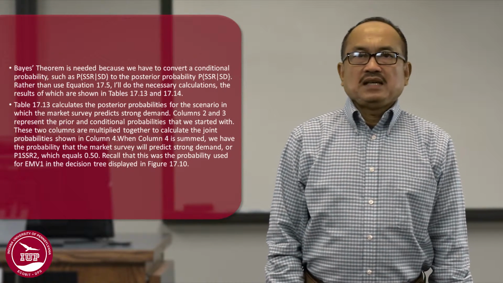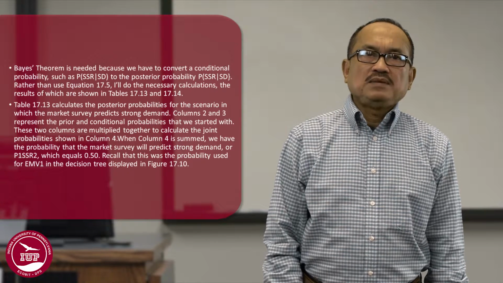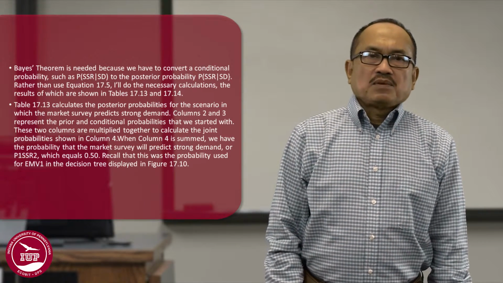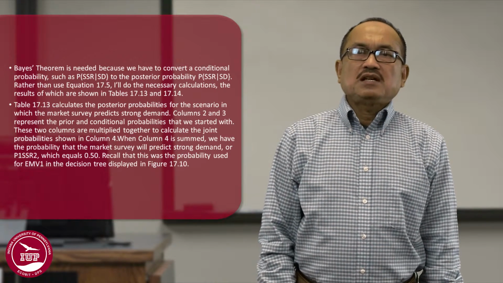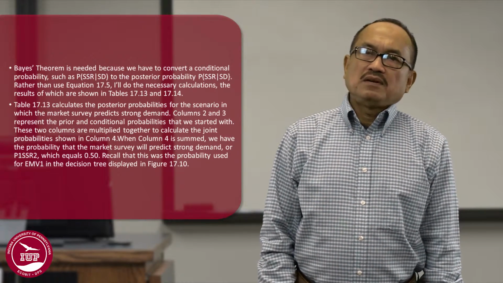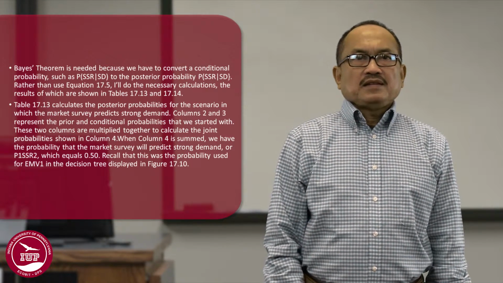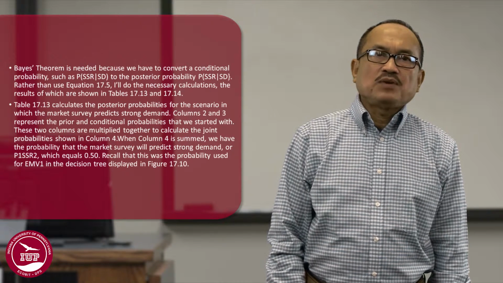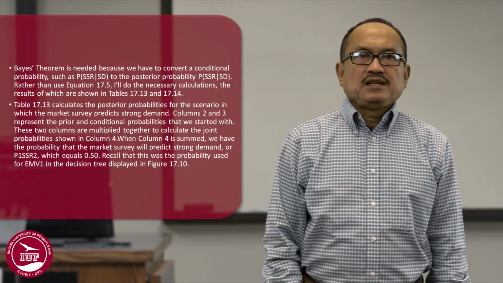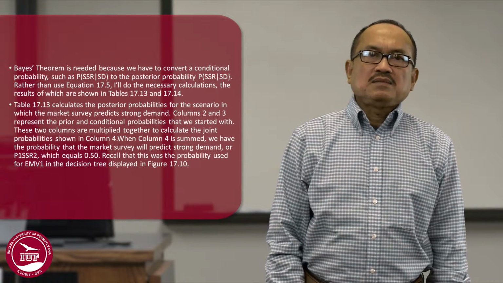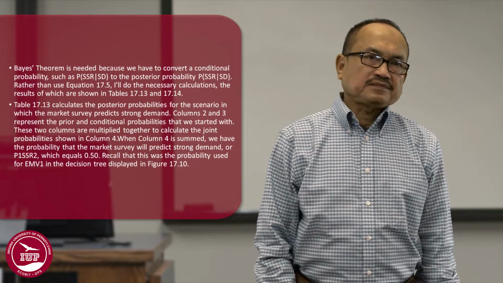Bayes' theorem is needed because we have to convert a conditional probability such as the probability of SSR given SD to the posterior probability of SD given SSR. Rather than use equation 17.5, we will do the necessary calculations, the results of which are shown in tables 17.13 and 17.14.